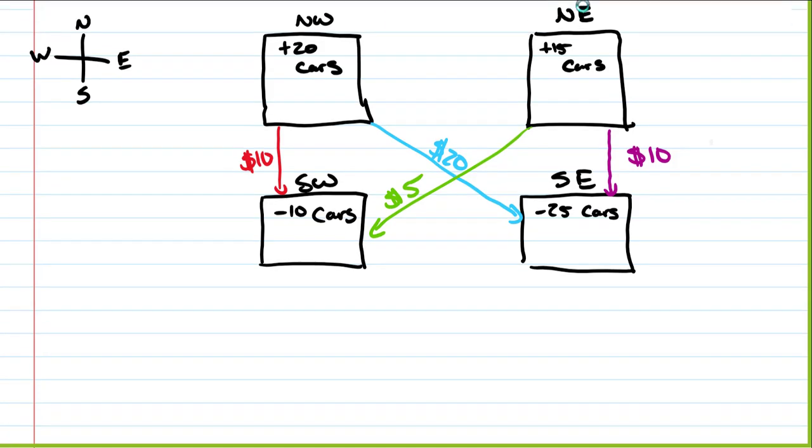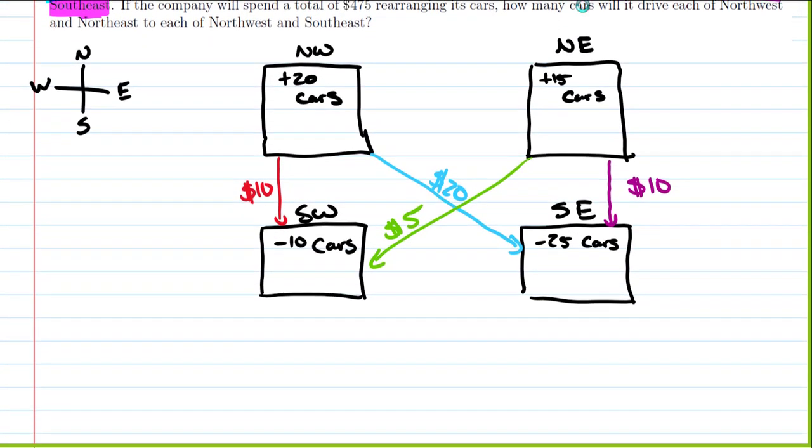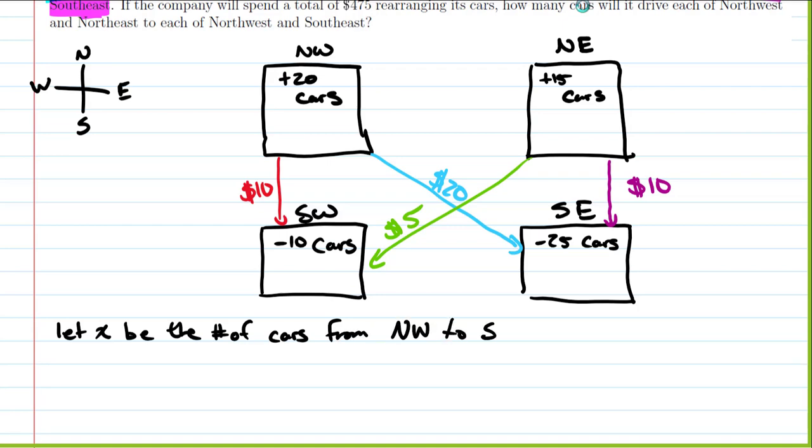So once again, we're going to need some variables. So let's let x be the number of cars from northwest to southwest.